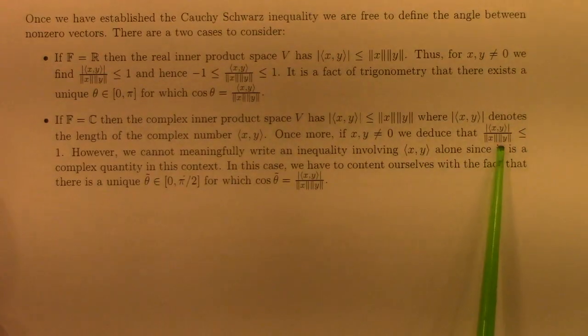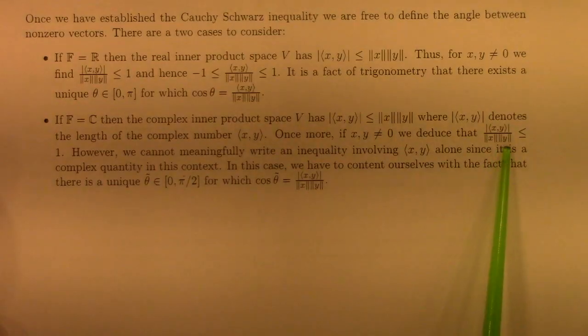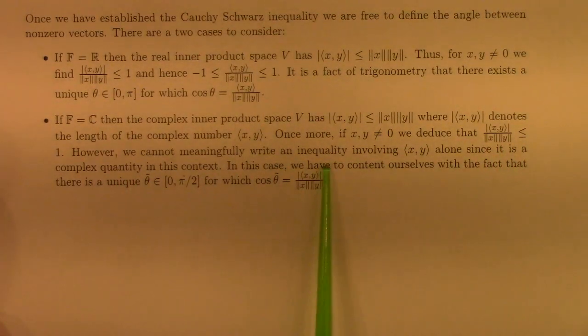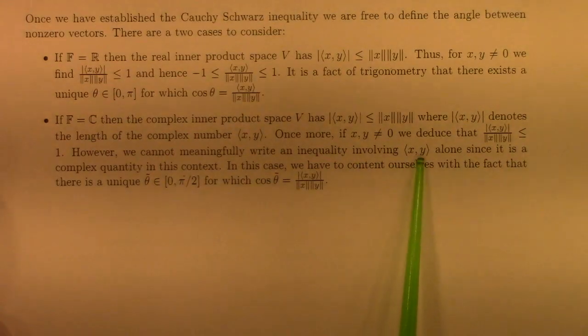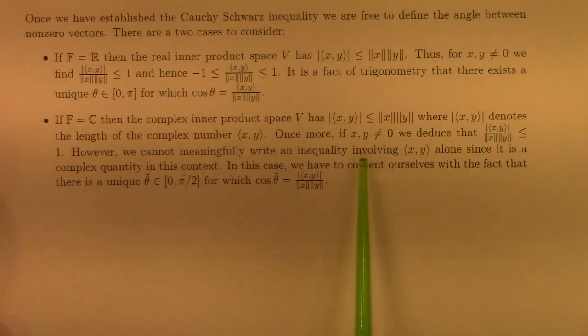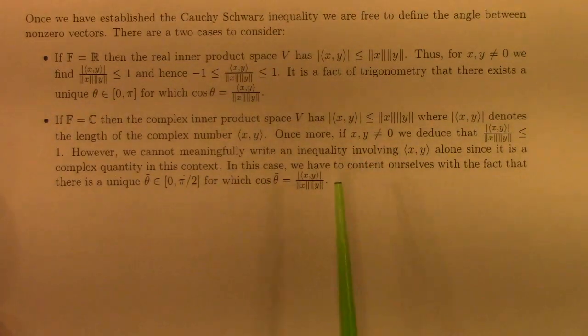So all I get is that the ratio of the absolute value of the inner product of x and y divided by the product of the lengths is less than or equal to 1. And like I said, I can't write an inequality just involving the inner product of x and y alone because we don't have a sense of ordering for the complex numbers which plays well with the algebra of complex numbers, at least.